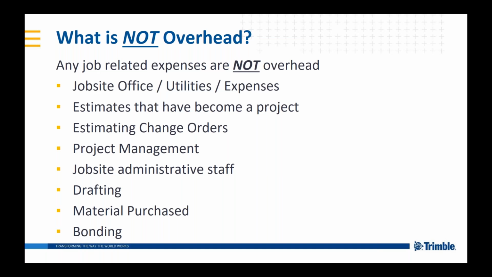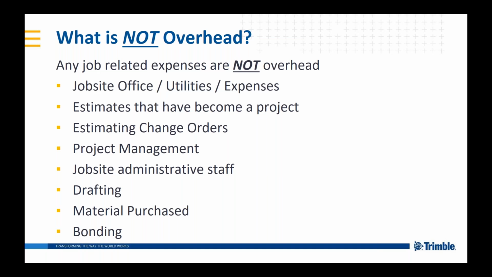Now let's talk about that one a second. In my opinion, the estimate as it's being worked on before it becomes a job is really overhead, because you don't know if you're going to get that job. Once that estimate becomes a project, then I would suggest that you be very aggressive on making sure that those overhead costs incurred during that estimating phase get charged to the project or transferred over onto the project.